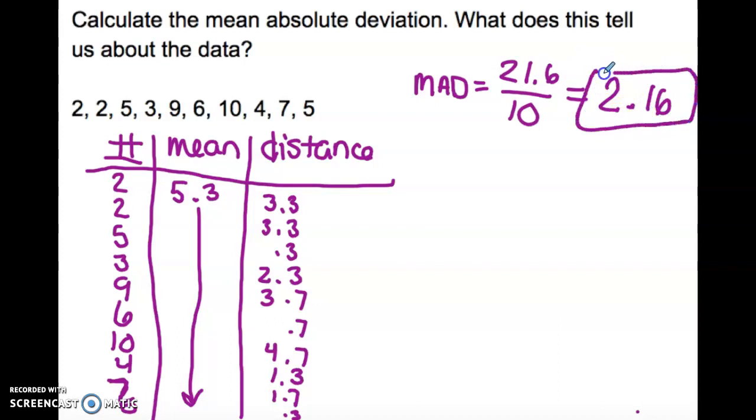And we want to tell what this gives us about the data. What this tells us is, let me do it in a different color.